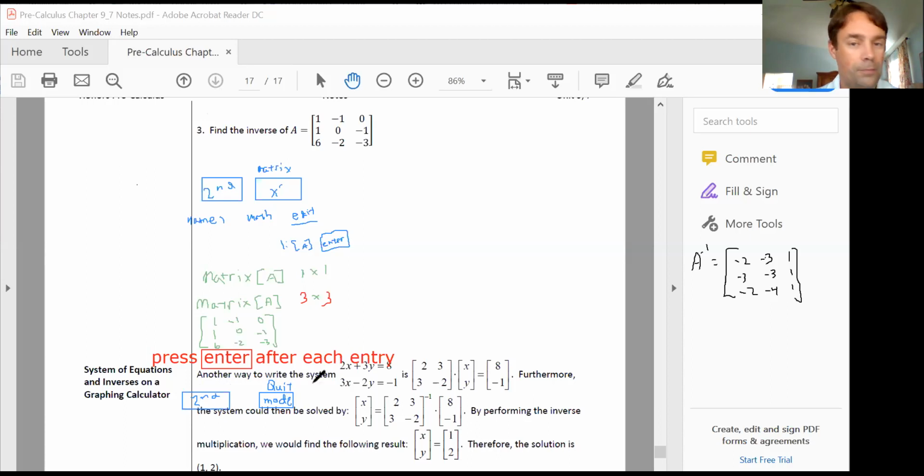All righty. So what I'm going to have you guys do is we're going to actually go through and multiply these together now. So now that you have that in there, we're going to go through and multiply those together. So you're going to go second, X to -1.